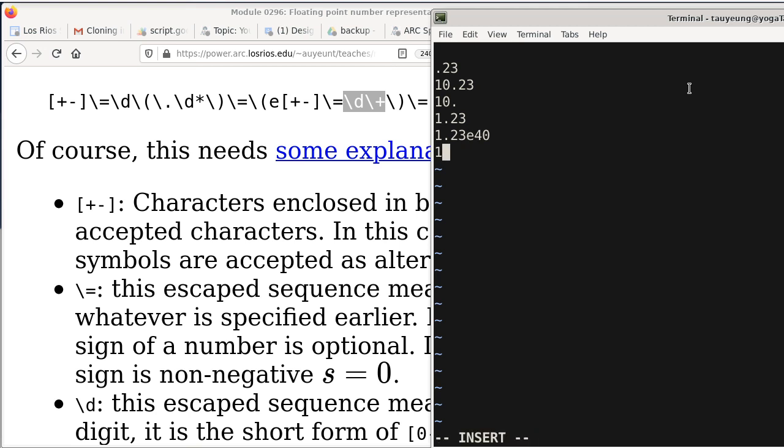We'll have 1.23E without the additional number. We'll have 1.23E plus 2. We'll have just 1 point, and then E4. All of these are examples of what we normally recognize as numbers, but which one passes the test and which one does not?